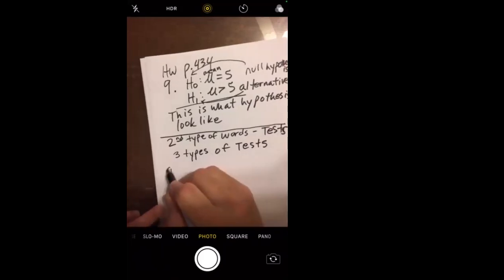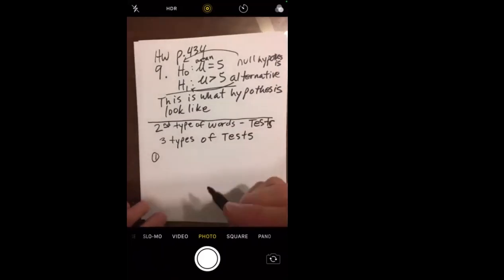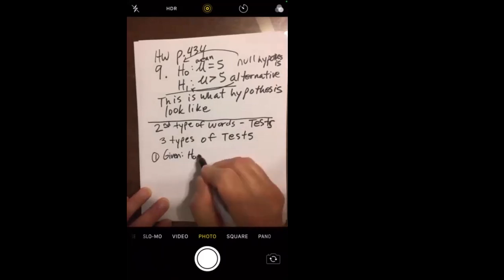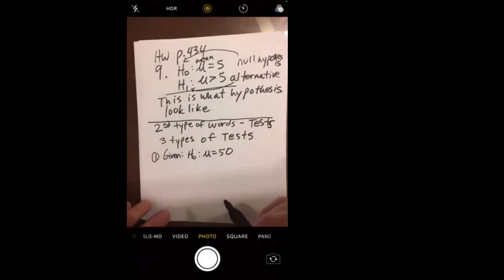All right, we'll again just number these. Let's say you're given a null hypothesis that a mean equals 50. That's the conventional wisdom. All right, what's going to happen is you are going to test this.